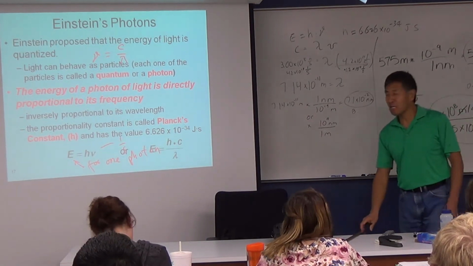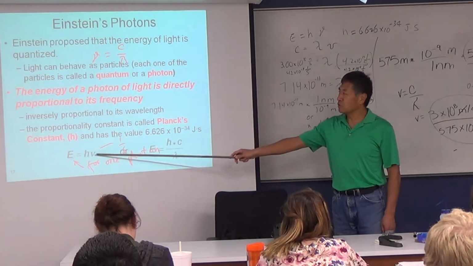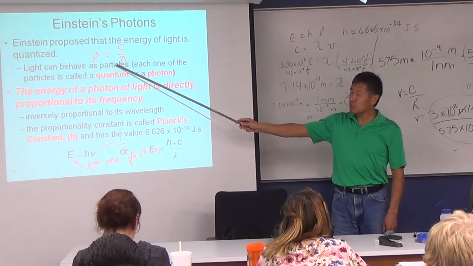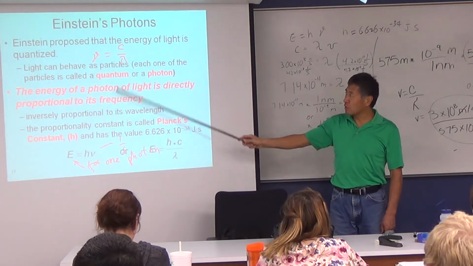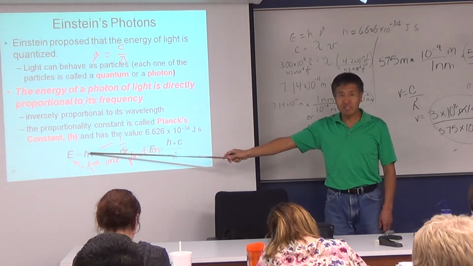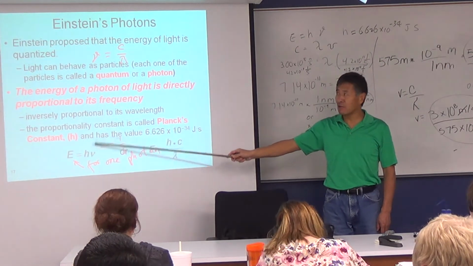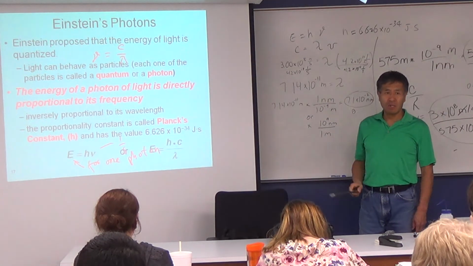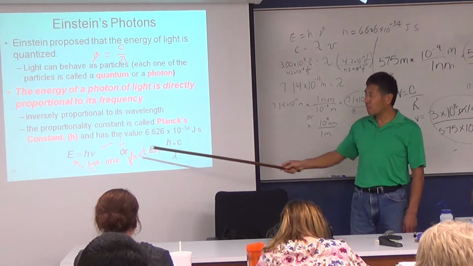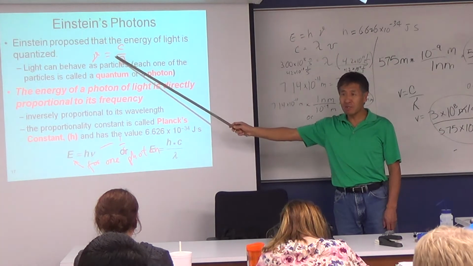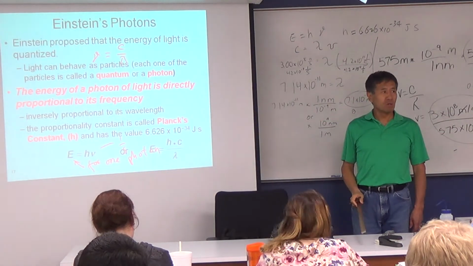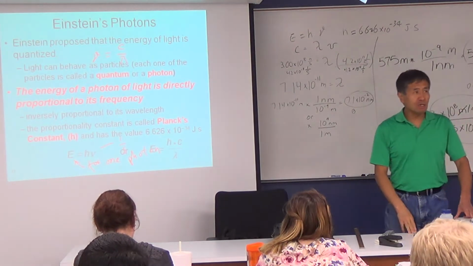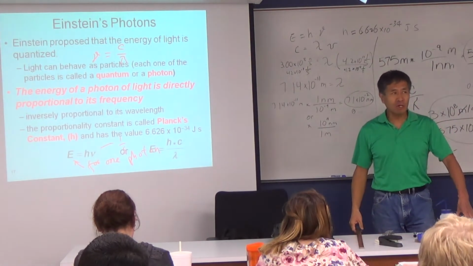Once you have nu equals that, you replace nu in h times nu by that, so you have h times c divided by lambda. Understand how you get this one from this and that together? Right?